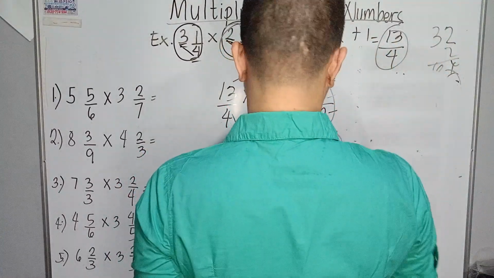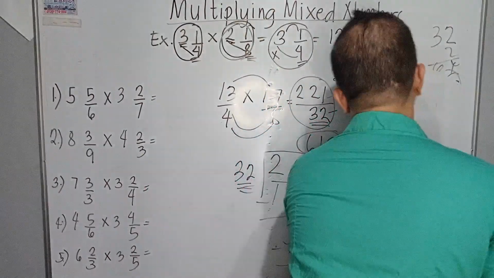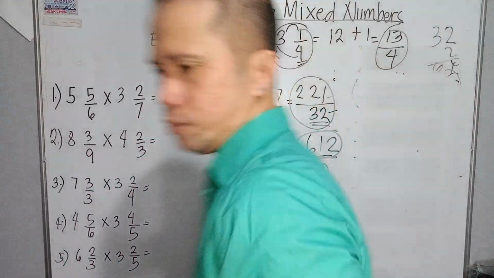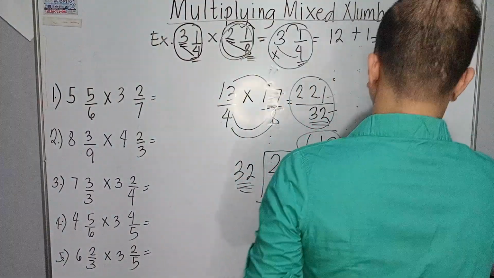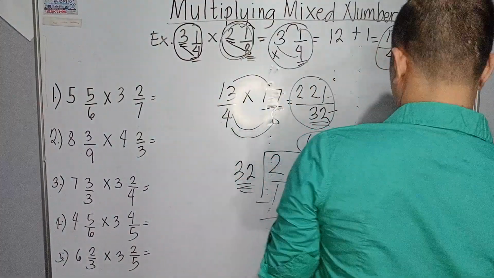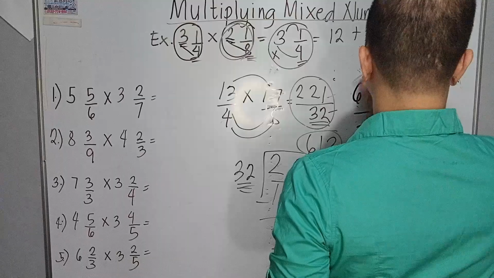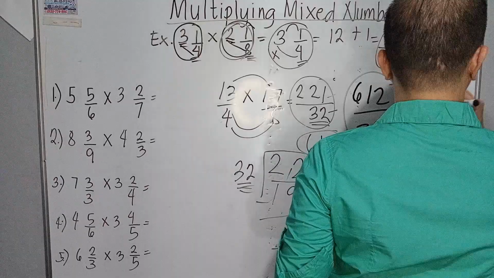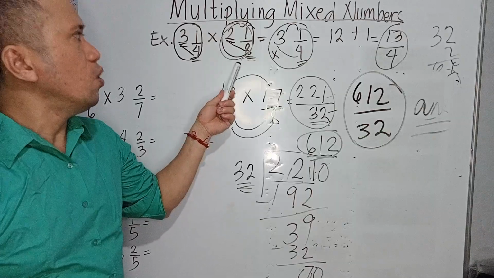Okay, we have here 6 and 12, so we're going to write here over 32. That will be our final answer for 3 and 1/4 times 2 and 1/8.